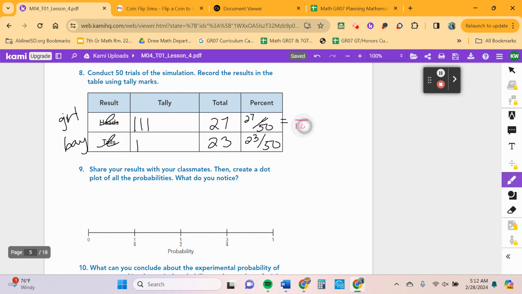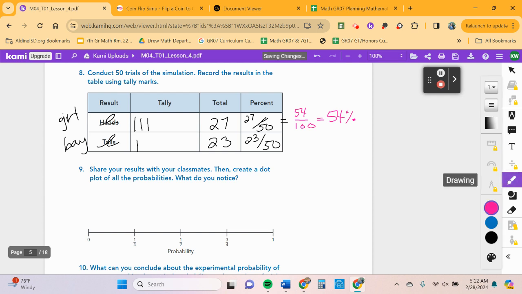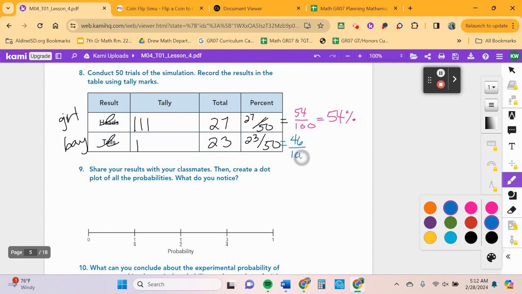So out of 100, 27 times 2 gives me 54. So that would mean 54%. And then for my boys, that would be 46 out of 100, which is 46%.